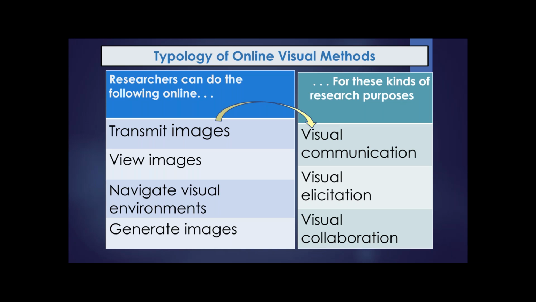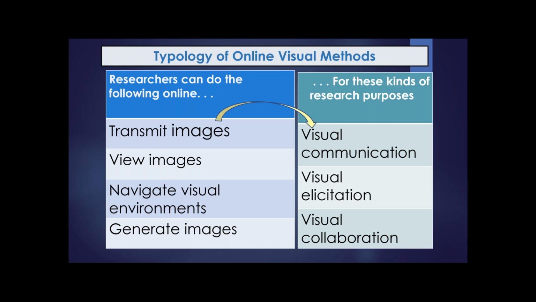On the blue column, these are things that we can do electronically. We can share images and send things back and forth. We can view images together, researchers with the participants, or they can send us images, we can send them images. We have that ability to share and view.